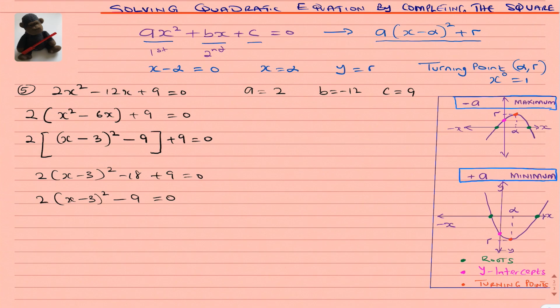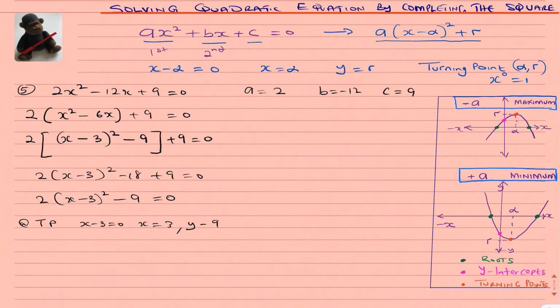Now at this point in time, I know the turning point's coordinates. So at the turning point, the coordinates are when x minus 3 equal to 0, x equals 3, and y equals minus 9. Those are the turning point.